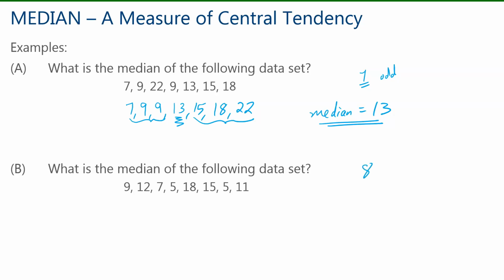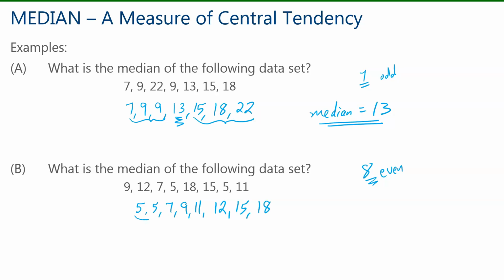Our second example, this time if I count the number of pieces of data in my set, there are 8, an even number. This is the little more involved case again. However, our first step in the process is the same. We organize our data from least to greatest: 5, 5, 7, 9, 11, 12, 15, and an 18.